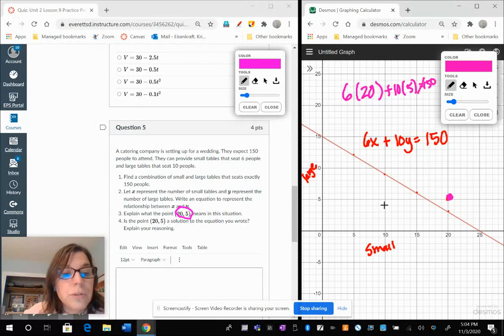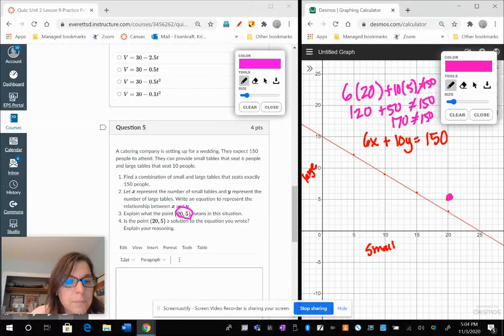It doesn't appear to because it's not on the line. Let's look. 120 plus 50 does not equal 150. It equals 170. So if you chose that combination, you would have extra seats, which then you could decide if that was a bad choice or a good choice. But it's not a solution. It does not equal 150.